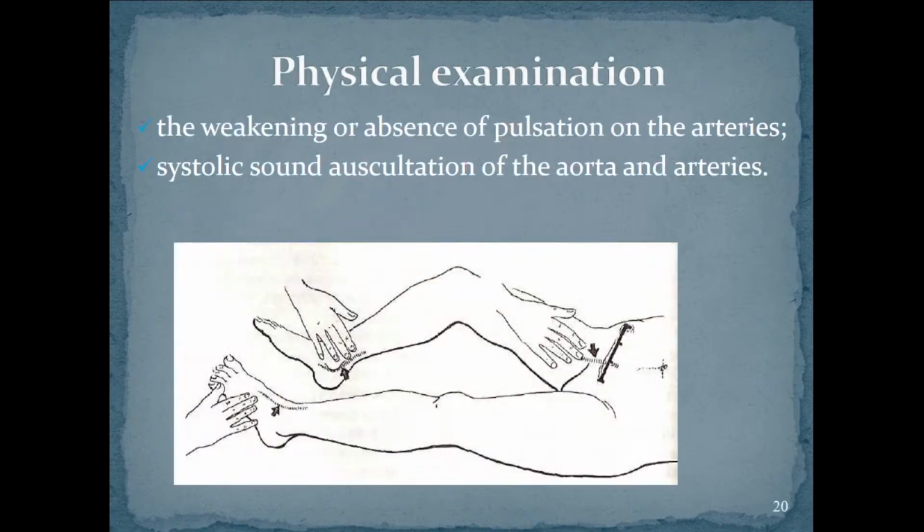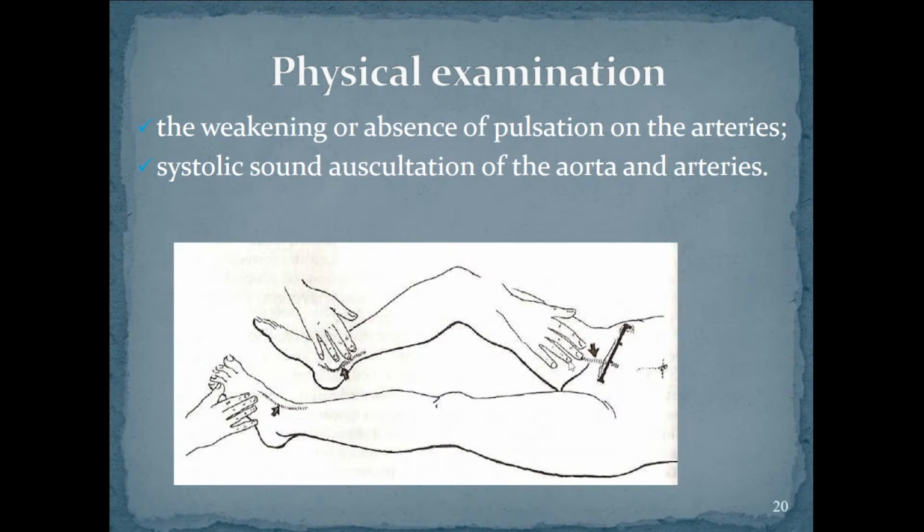On physical examination, the weakening or absence of pulsation on the arteries can be measured, along with systolic sound on auscultation of the aorta and the arteries. So on what arteries should we determine the pulse?